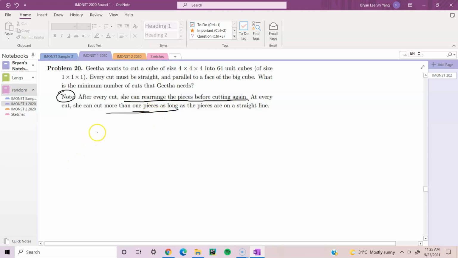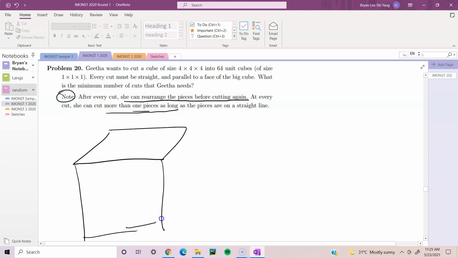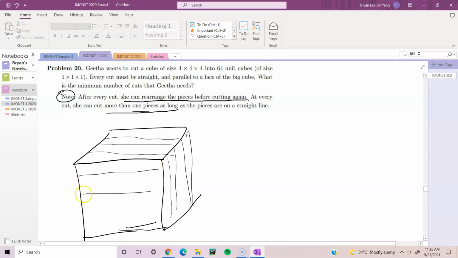So let's draw a 4 times 4 times 4 cube. It will look something like this. It's a bit ugly, but please do not mind. Something like this, and then these are the lines to be cut. So this is one side.